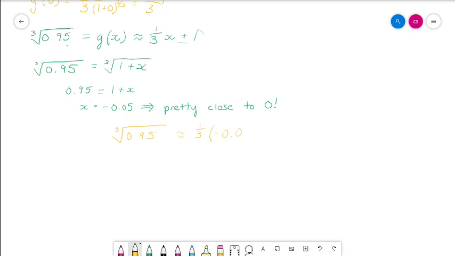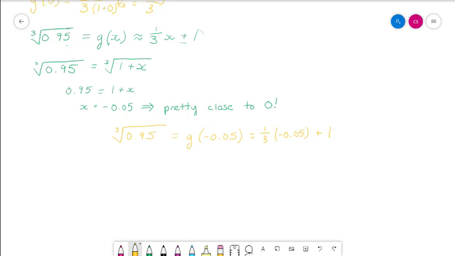Actually, let's do an extra step just to make sure we're very clear. So this is equal to g of negative 0.05. So it's going to be approximated by our line at negative 0.05. Okay?